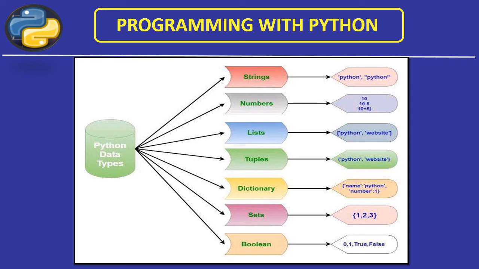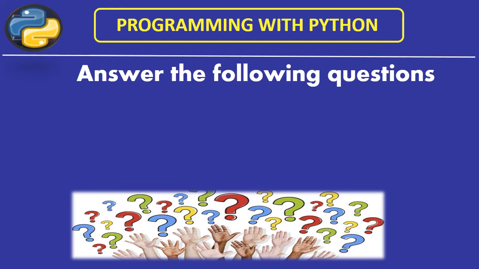Another data type you can see here is sets, where a set of values can be stored. And the last you can see is the Boolean data type. Boolean is one of the special data types, and it stores true or false values in the memory of the computer. So this is the summary of data types offered by the Python programming language.